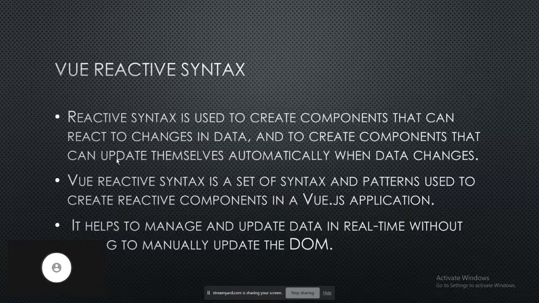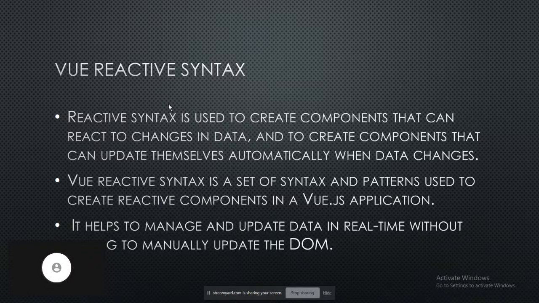A syntax is basically the way you implement the thing, and reactivity is a core part of Vue. It provides a syntax in which we are able to implement dynamic changes within our code base, based on specific data changes that occur.